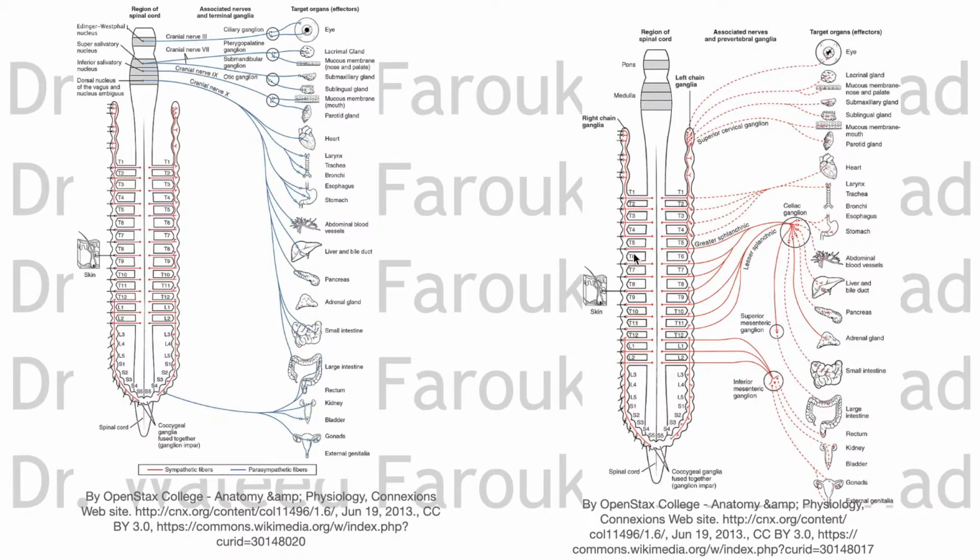It's in the lateral horn of the gray matter of the spinal cord, which is present only in these segments from T1 through L2, and distributed all over the body through the sympathetic chain, as you can see here. So that's the craniosacral outflow, which is the parasympathetic, and the thoracolumbar outflow, which is the sympathetic.